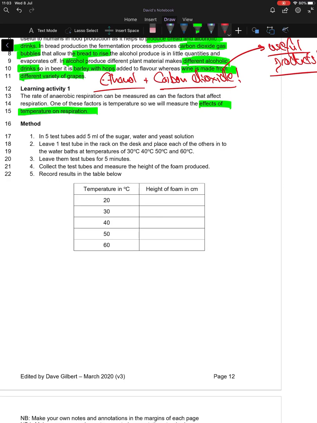Now, I want you to think about this. If you increase the temperature of molecules, what does that do to their kinetic energy? Kinetic energy also increases.